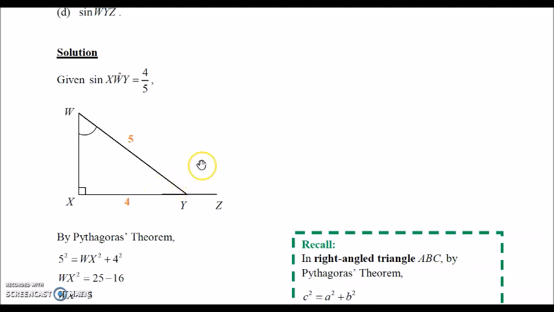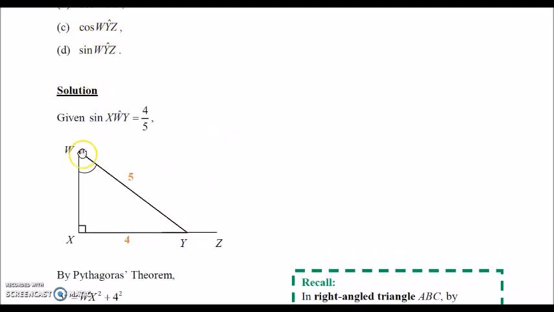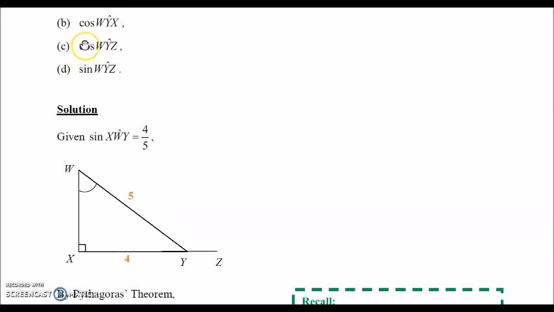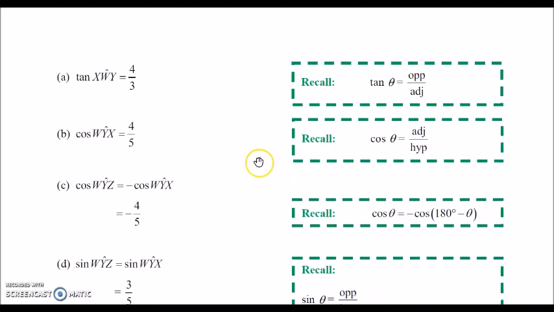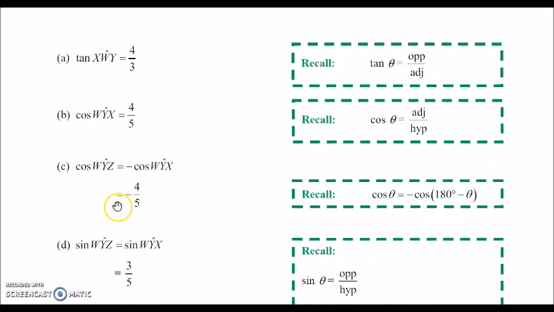So the cosine of angle WYZ, this obtuse angle, is the negative of cosine WYX. We have already found the fraction for cosine WYX in part B, so part C is just the negative of this value, which gives me negative 4/5.